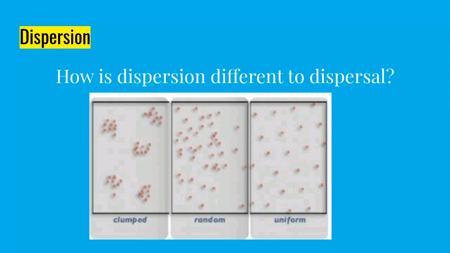Yeah, I guess. So even distribution of resources and not a lot of competition. I just know that the uniform dispersion is from strong competition.